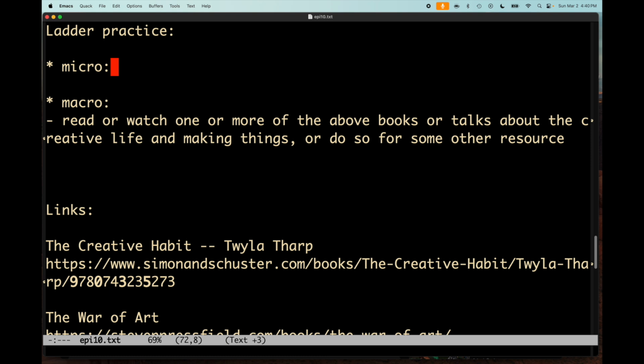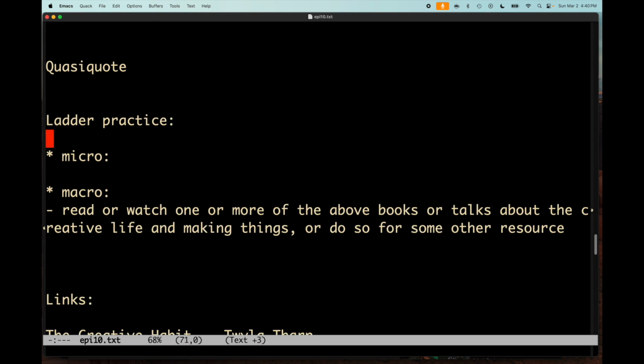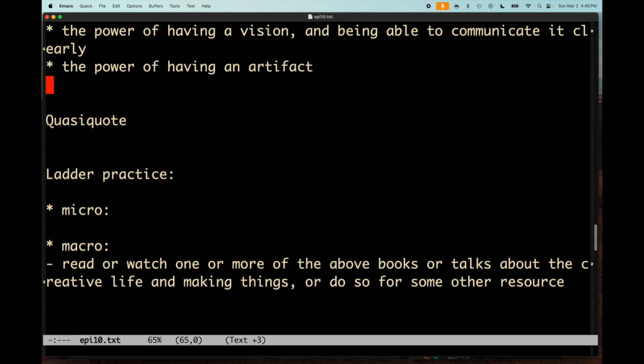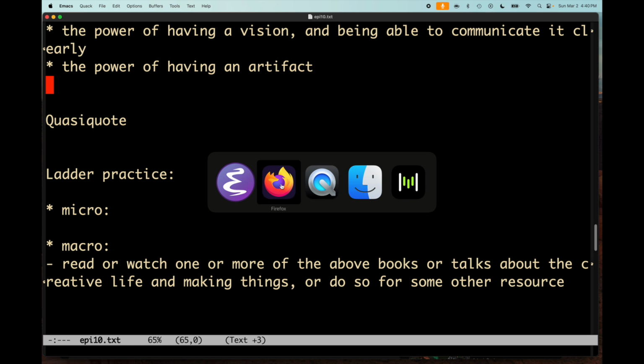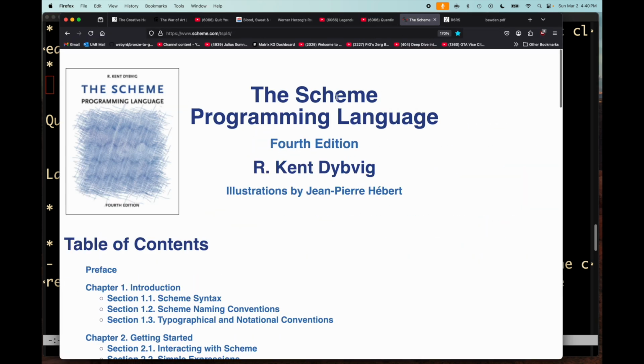Okay, so for the micro practice, we're going to do some quasi-quote. We're going to use two resources for quasi-quote here. One is The Scheme Programming Language, 4th edition, TSPL4 by Kent Dybvig. We're going to look up quasi-quote here. You can also look it up in R6RS, but right now I'm just going to do TSPL.